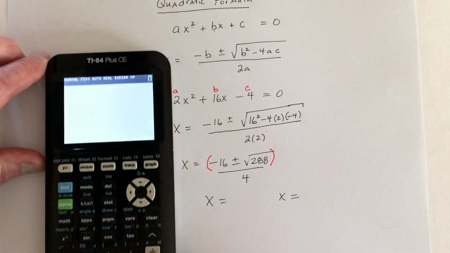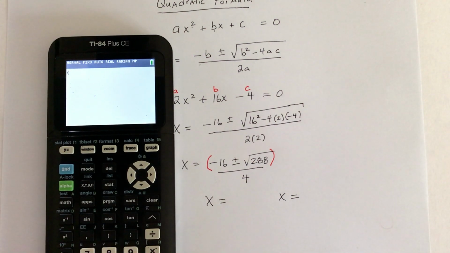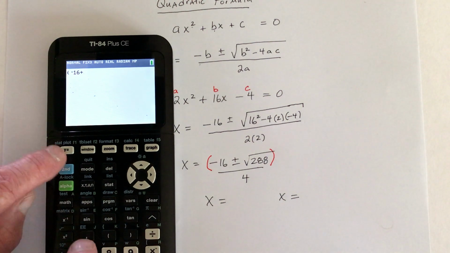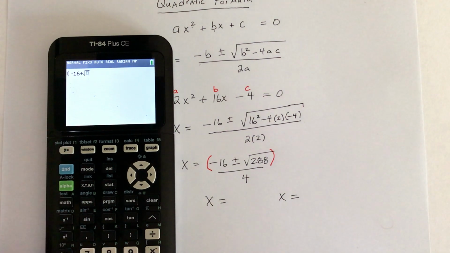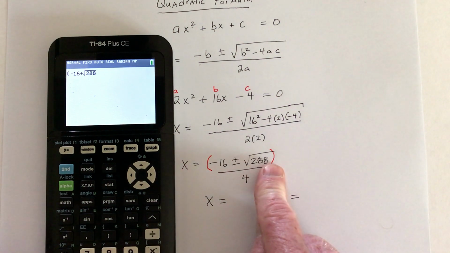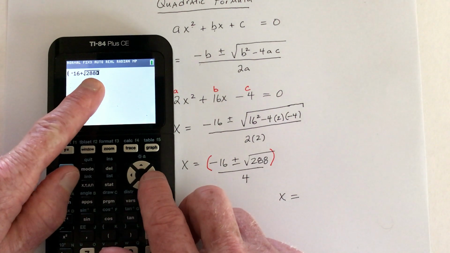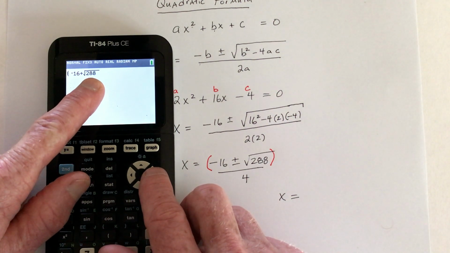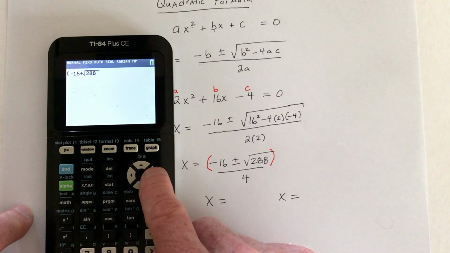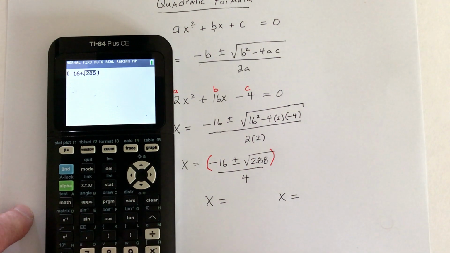So use the parenthesis above the 8, and then -16 plus the square root of 288, and then I need this red parenthesis. By the way, when you're in the square root, it's going to have a little arrow saying if you want out of the square root, use the right arrow. And then parenthesis divided by 4.